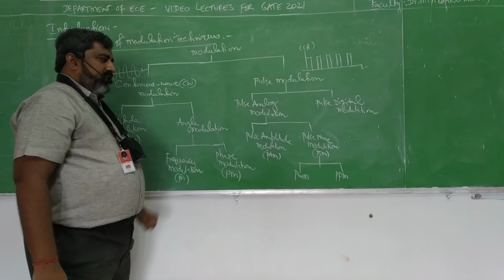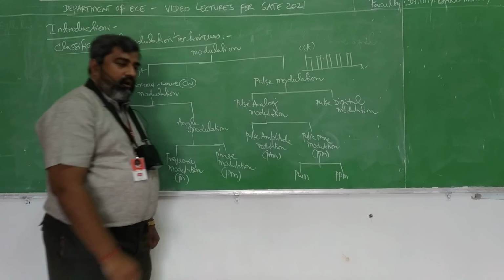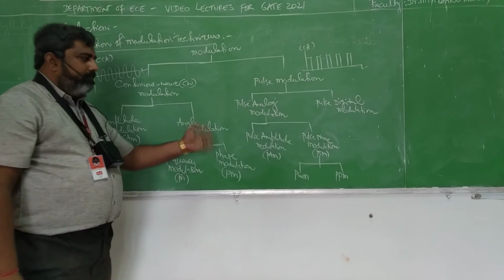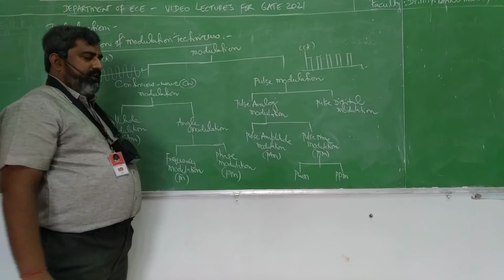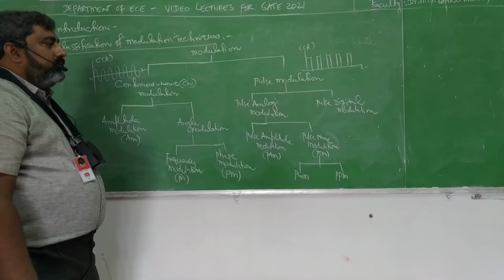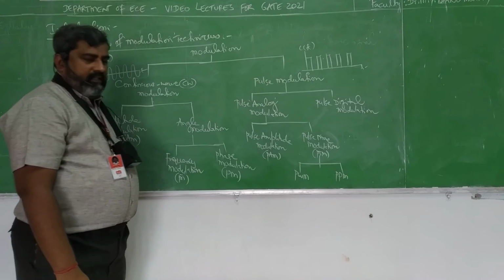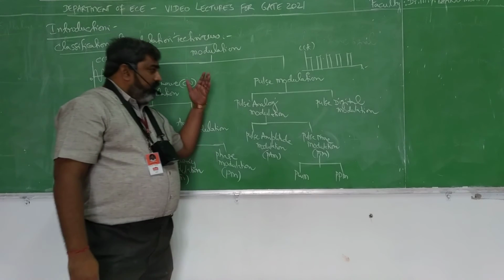The next question that arises here is, why are PAM, PWM and PPM called pulse analog modulation techniques? If you have thought of the answer, let me reveal it. I have already given you the hint.